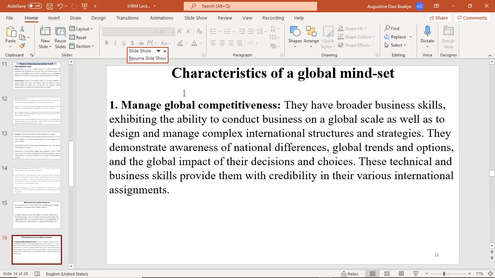They demonstrate awareness of national differences, global trends, options, and the global impact of their decisions and choices. These technical and business skills provide them the credibility in their various international assignments. So these are people that are very much experienced when it comes to international business.